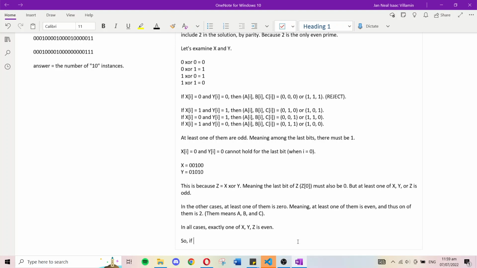If x is even, we take A equals 2, wait, actually not, we take 2 XOR, what did I take, 2 XOR y, or z, y and z.